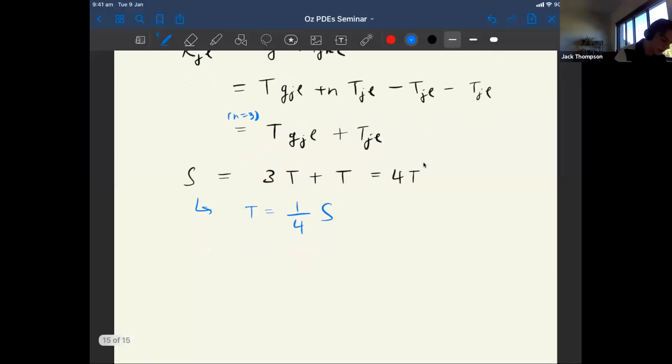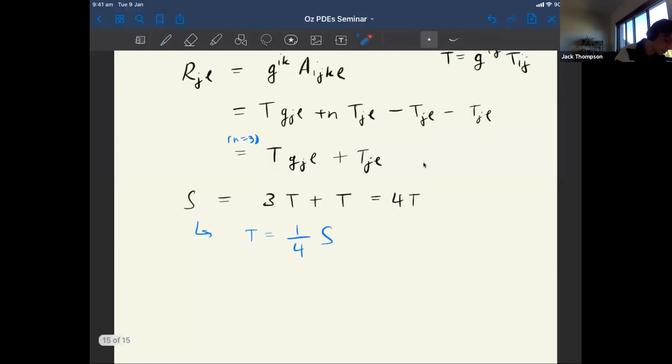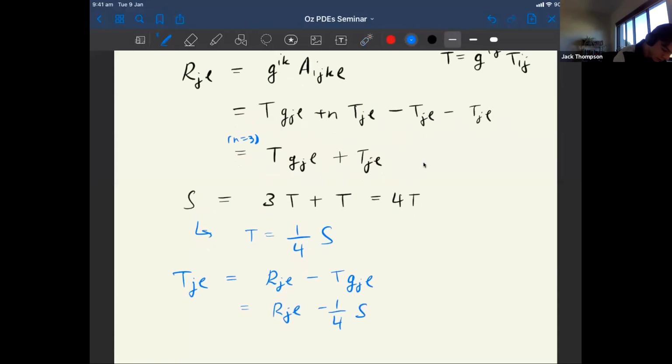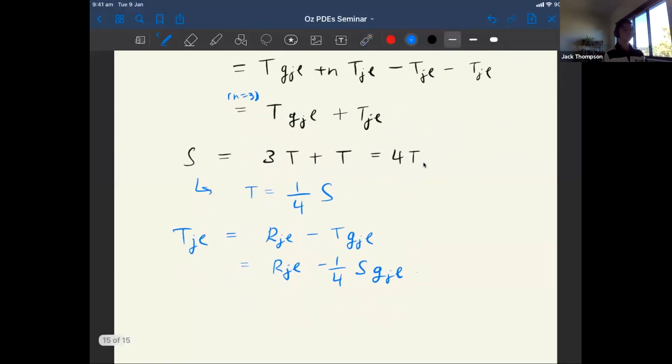And then I can rearrange this formula here to find what T_{jl} must be. Okay, so what I've done here is I've calculated this (0,2) tensor.